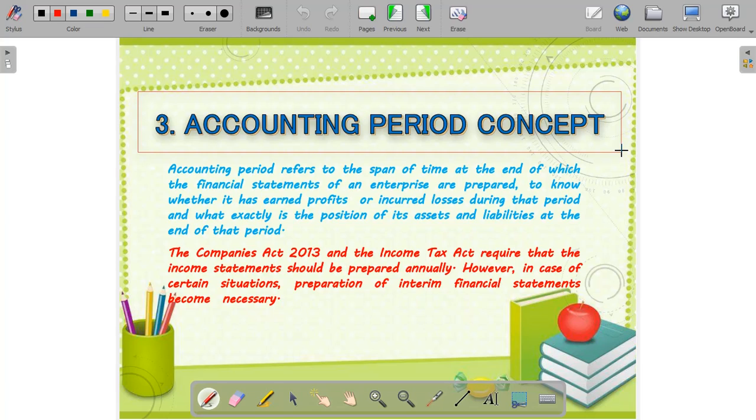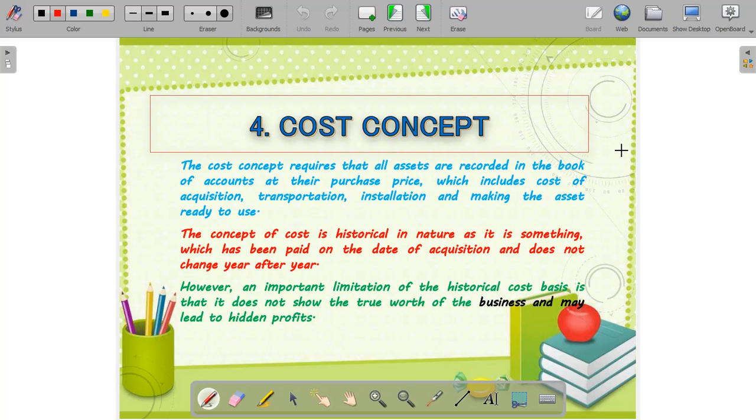as an interim financial statement. Then we have the fourth accounting concept, that is the cost concept, and that is very important. According to this principle, it is said that an asset, we know what an asset is. Assets are the resources which have some economic value in the business. The accounting concept requires that all the assets, all the economic resources, are recorded in the books of account at their purchase price.